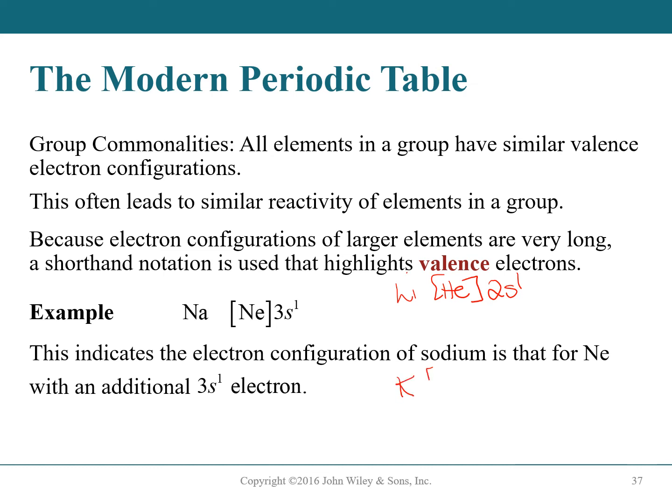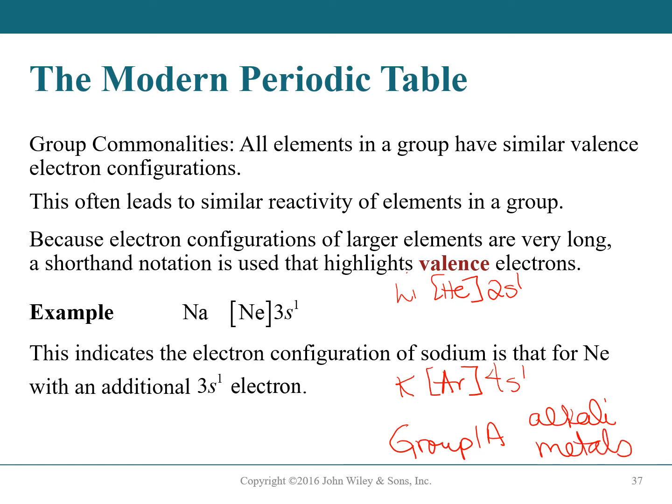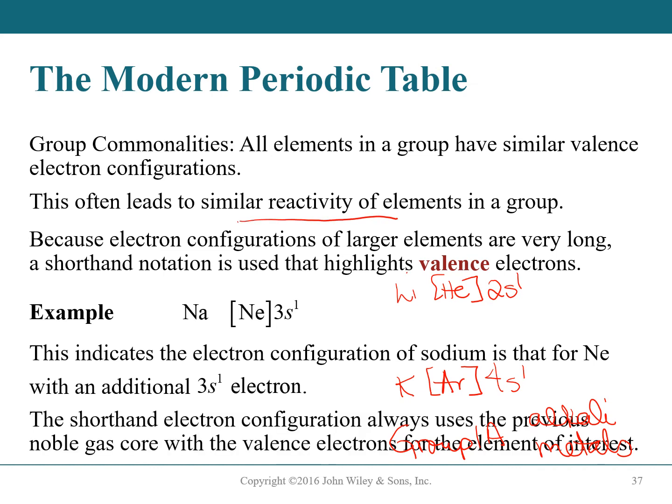Potassium is going to be argon 4s1. And notice all of these are in the same column. They're all in group 1A, your alkali metals. Okay, so they all have 1 valence electron, and that's why they have the same reactivity.